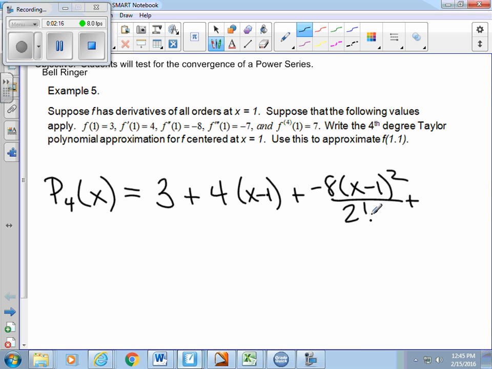Where did you get x minus 1? We are centered at 1. You see how it says centered at a? So it's x minus a. Does it say centered at 1 or centered at 0?